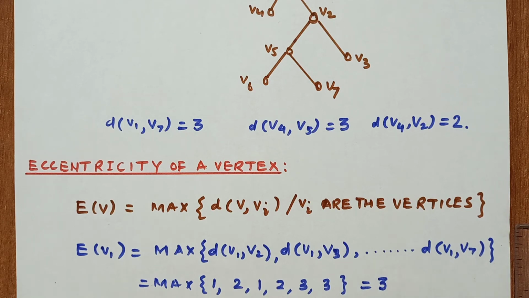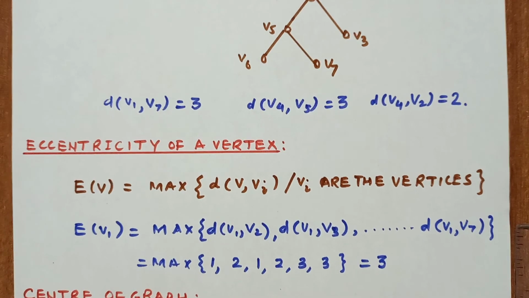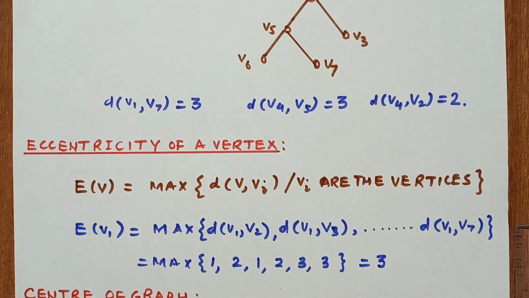First we calculate the distance between V1 and the other vertices: 1, 2, 1, 2, 3, 3. The maximum of these numbers is 3, so the eccentricity of V1 is 3. Similarly, you can calculate the eccentricity of V2, V3 up to V7.